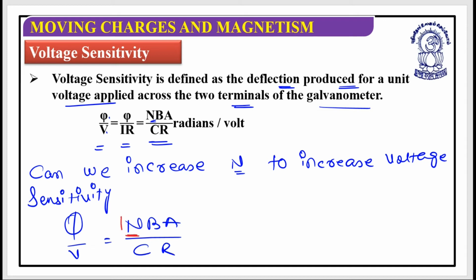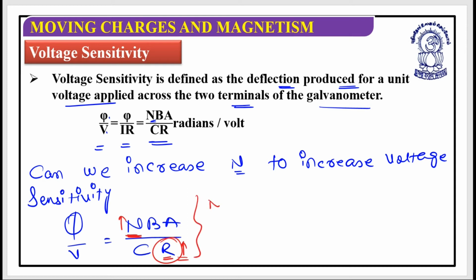If I increase n, then automatically R will increase, because increasing n means we are adding a certain number of turns of wire, and that wire will always have resistance.